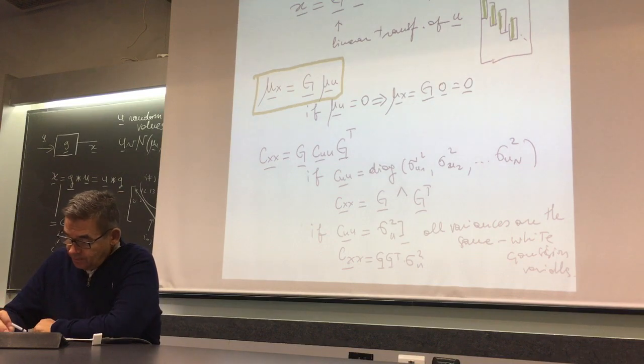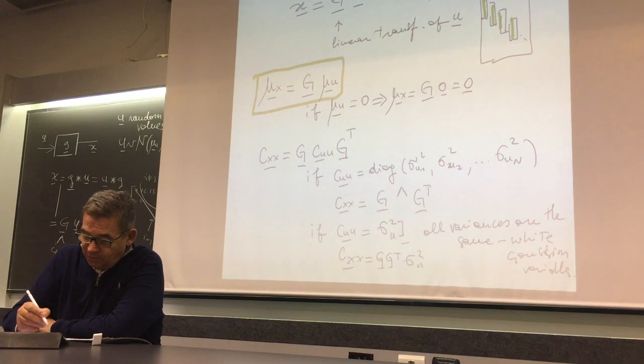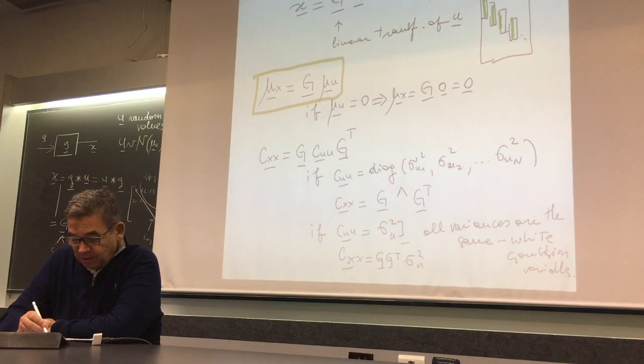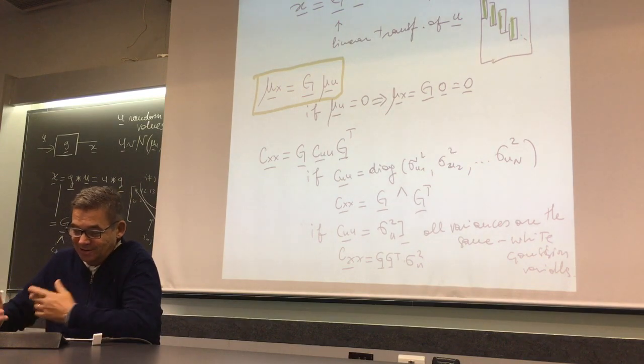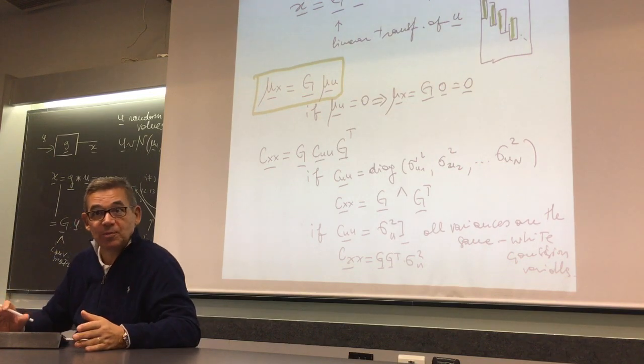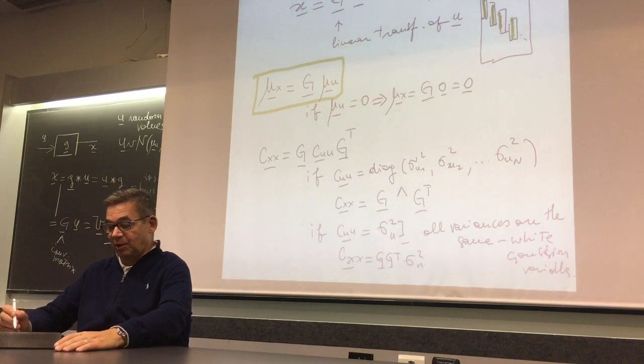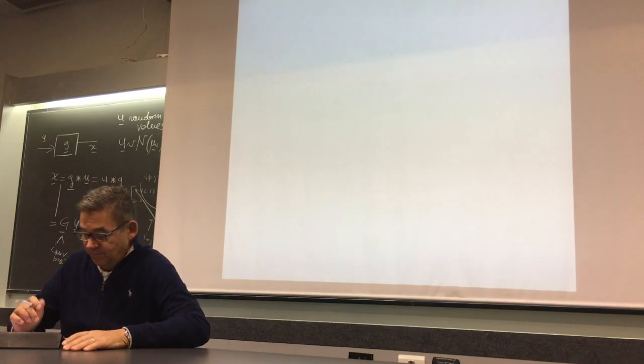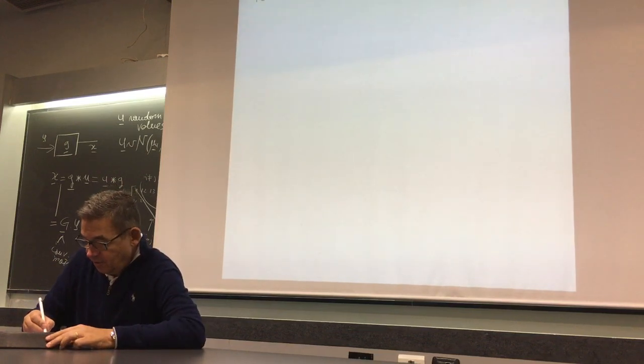Now, as I said, I want to make a step forward. I want to make two comments. Actually, this will be an exercise, but I'm going to make two comments now. Comment number one, let me say remark.